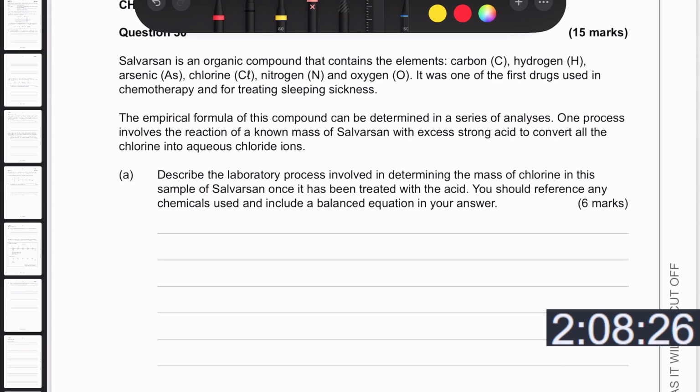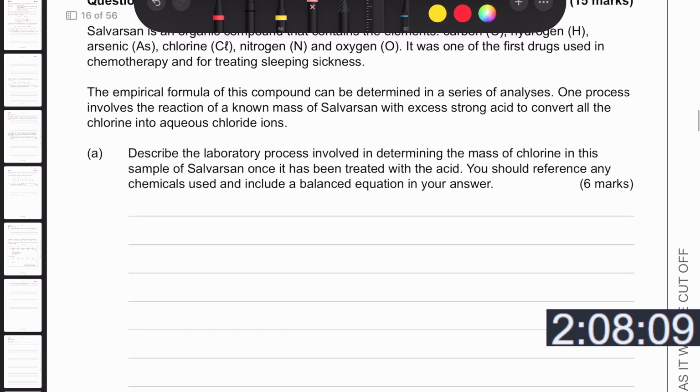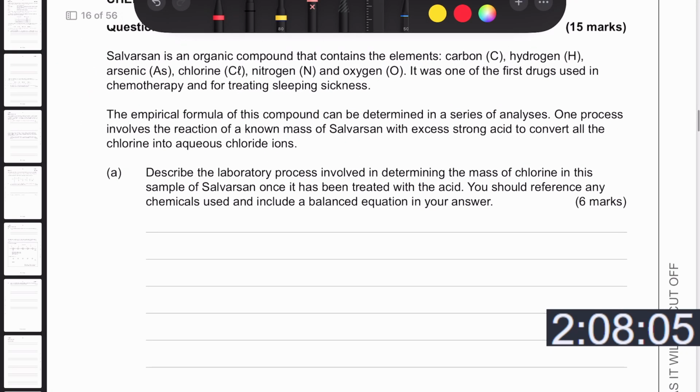Mass of chlorine. How am I going to determine the mass of chlorine? Excess strong acid to convert all the chlorine.